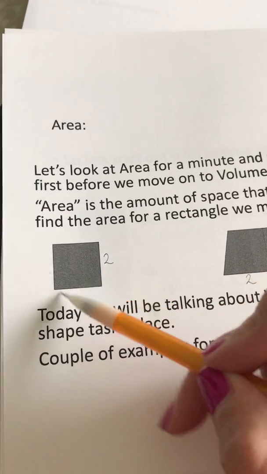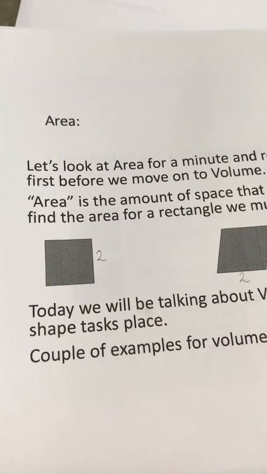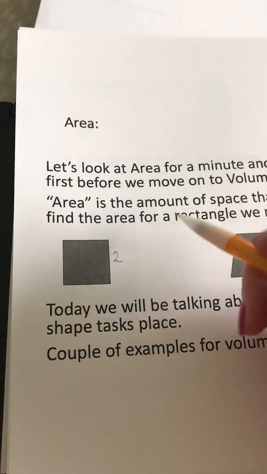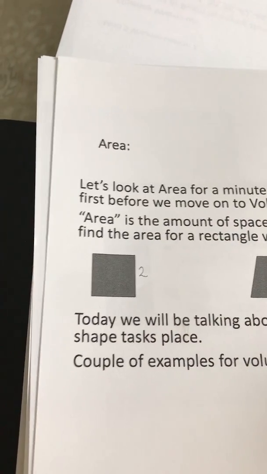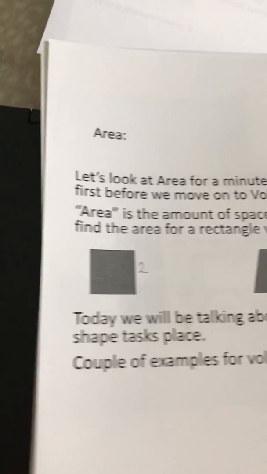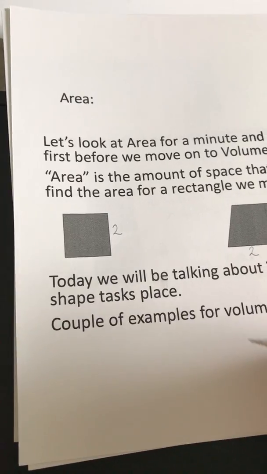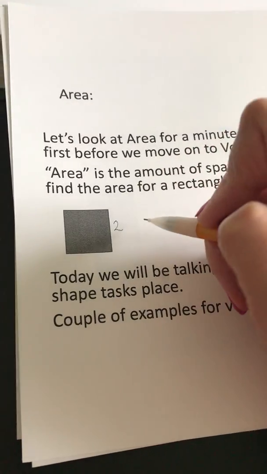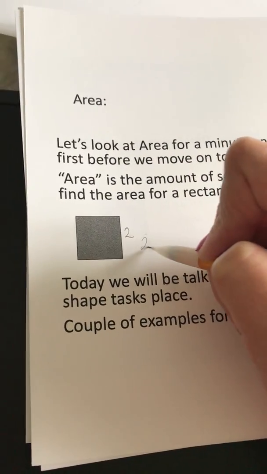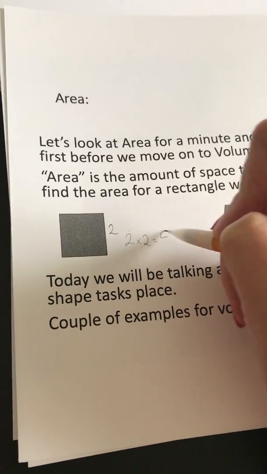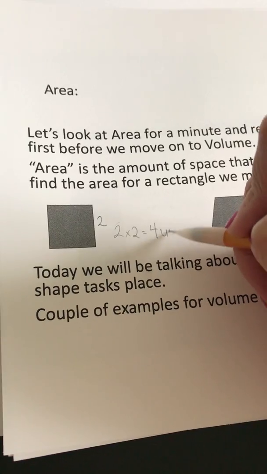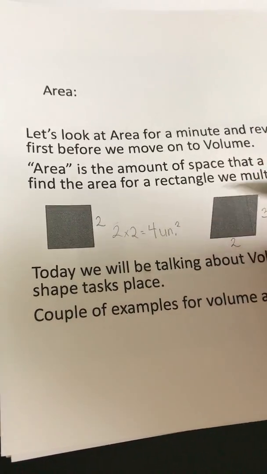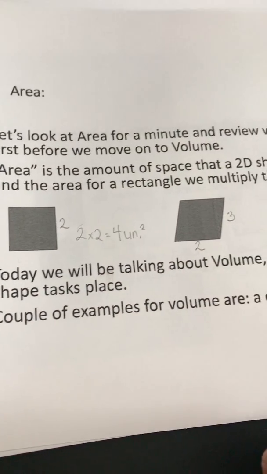Here's one shape. We know this is a square, so we know that all the sides are equal. And I have 2. And if we do area and we say length times width, we know that 2 times 2 equals 4. So this one would be 2 times 2 equals 4. And it's not named. So we're going to say units, and I'm going to put a little 2 there, and that means squared.